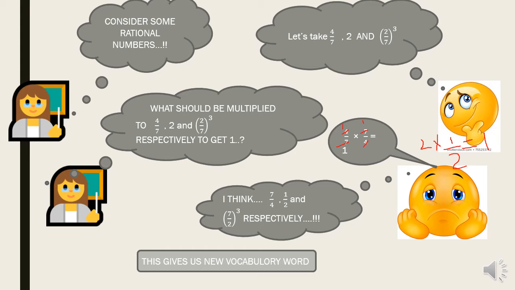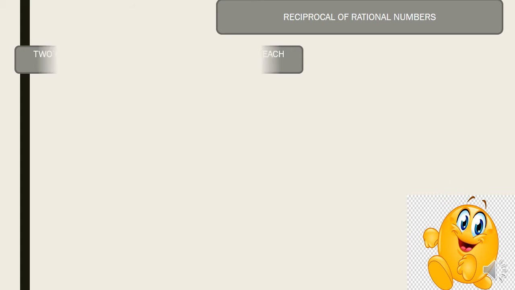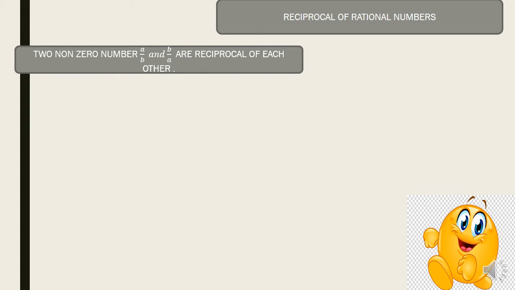Students, this gives us a new vocabulary word, that is reciprocal of rational numbers. Two non-zero numbers a by b and b by a are reciprocals of each other because when we multiply a by b to b by a, we get 1.